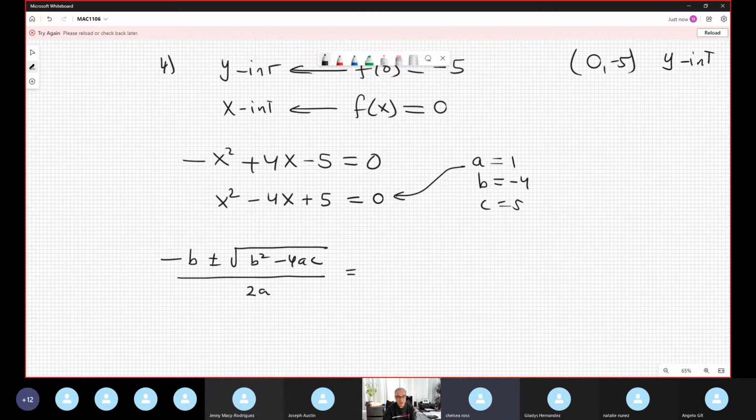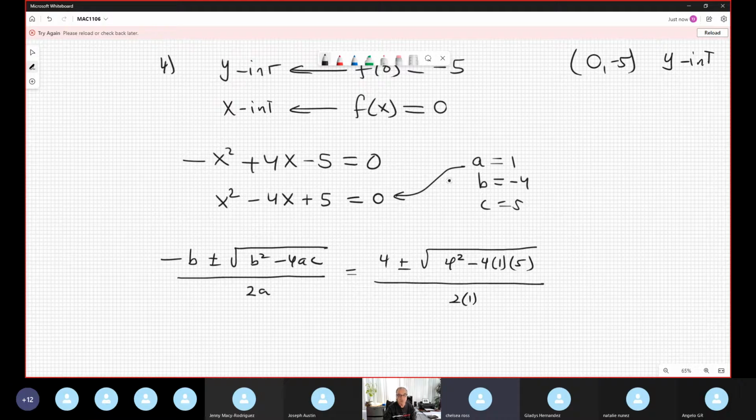I'm plugging in. It's 4 positive, double negative. The negative of the value of b, both negatives together become positive. Square root of 16, 4 squared is 16, minus 4 multiplied by 1, multiplied by 5, divided by 2 times 1.